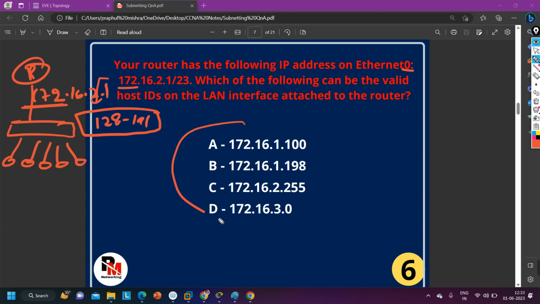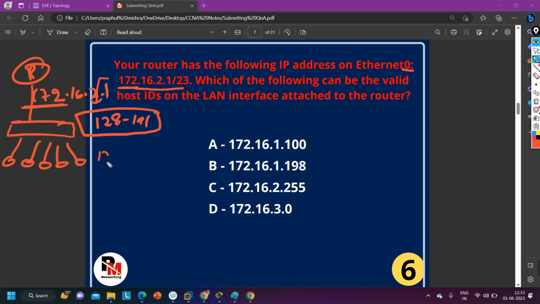It is asking you which of these IP addresses is a valid host IP address. First of all, tell me what will be the network ID of this IP address?